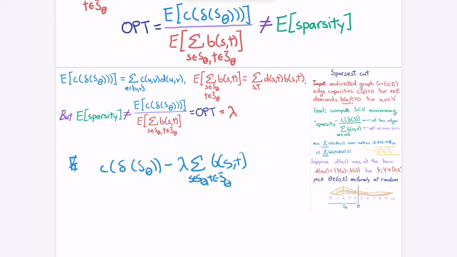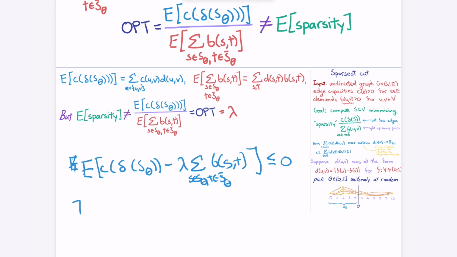Now if we look at the expectation of this thing and do the same analysis as before, which would immediately take them apart, what would this thing be? This thing would be less than or equal to 0, just by how we chose lambda.